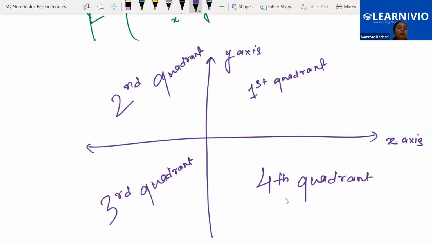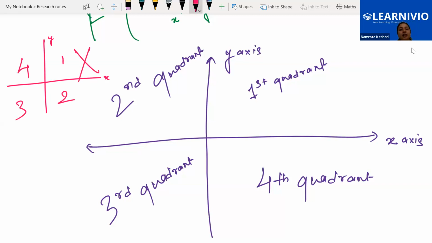See the naming properly. You cannot name it by yourself. This is the standard way of naming it. You cannot say that we place the number line like this, this one is x-axis, this one is y-axis, and this one is 1, this one 2, this one 3, this one 4. This is completely incorrect.